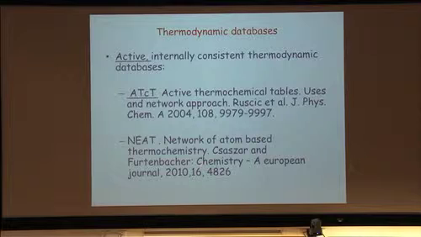There is also another network which is based exclusively on very high-level calculations, developed by Attila Császár in Budapest, and there's a reference to it there. That's a smaller database, but it's easier to access.